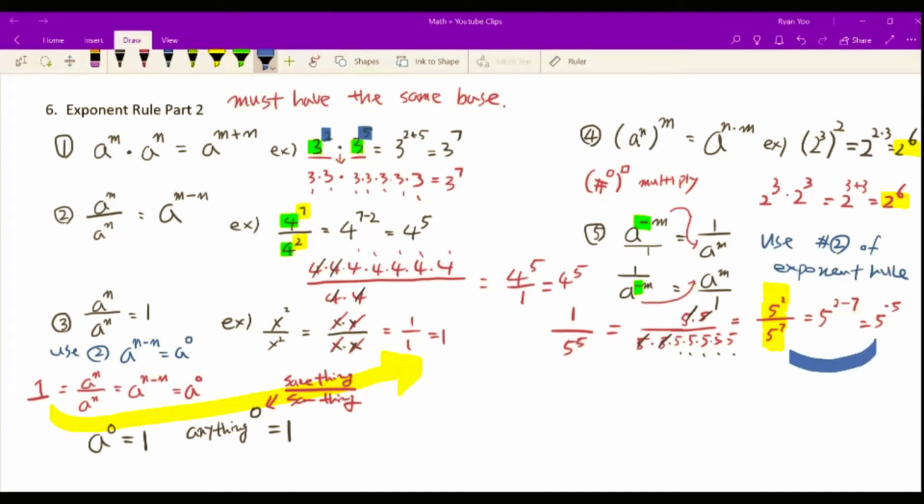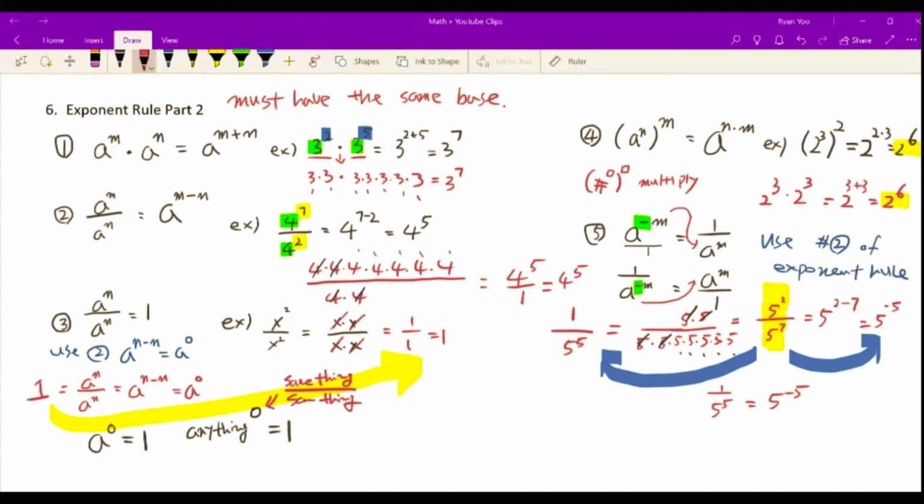One is right over here, 5 to the negative 5. The other one is 1 over 5 to the 5th power. Logically speaking they're both correct, therefore they better be equal to each other. In other words, 1 over 5 to the 5th power better be equal to 5 to the negative 5th power.